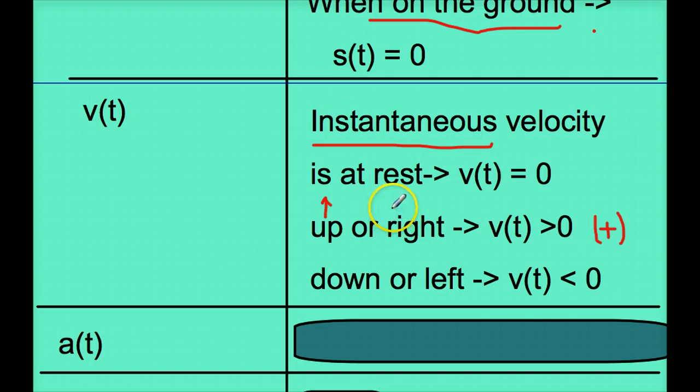Or it means I'm going to the right, and just like on the x-axis, that means I'm going to the right. However, if my velocity is negative, then that means my object is going down. And on the x-axis, that means I'm going to the left. That's an arrow, okay?